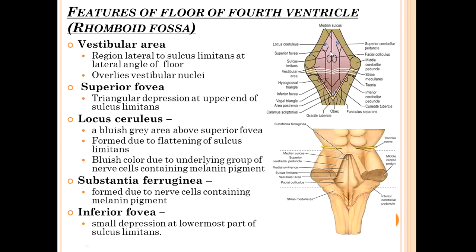So the locus coeruleus is the bluish area which actually contains the substantia ferruginea. Then the inferior fovea: it is a small depression at the lowermost part of the sulcus limitans. So the uppermost part of the sulcus limitans is the superior fovea, and the depression at the lowermost part is the inferior fovea.